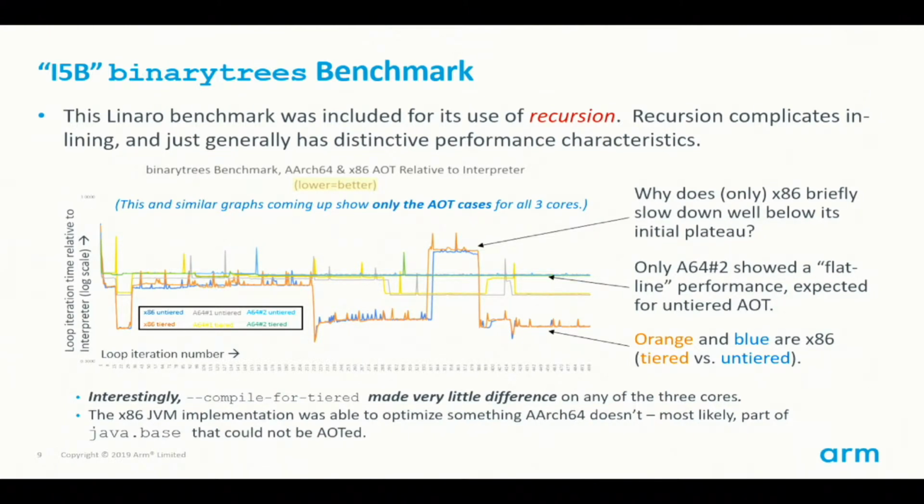Some portions of that require way too much memory. It's not feasible to AOT all of it. And indeed, I checked to make sure that what dropped when the performance went way up here on the x86 was a piece of java.base getting compiled, with HotSpot helping out there.